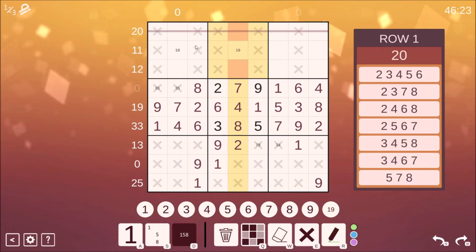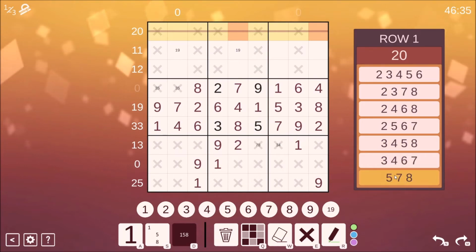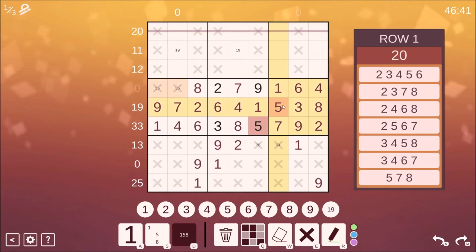Now, if we look at this 20 clue, it is possible with a 5, 7, 8 to do this. However, we would have to place the 5 in the middle of the 7 and the 8. So we could not place it there because there's already a 5 here.